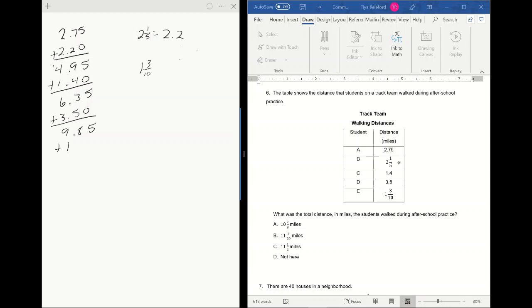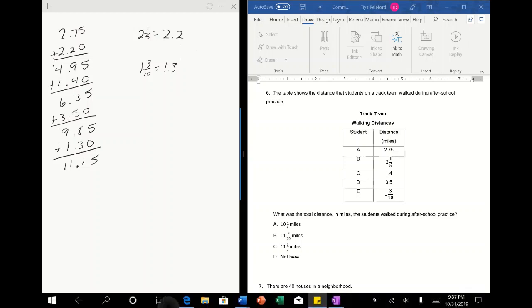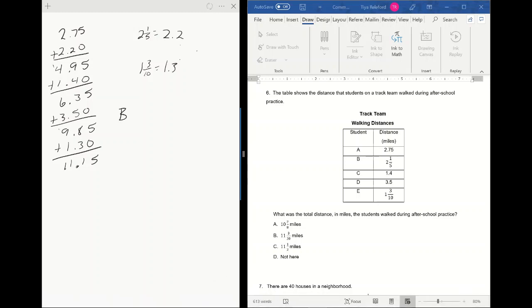So once you get to 11.15, you know it's not A, and you already knew it wasn't D because it is never, never, never not here. So B is 11 3/20. And C is 11.5.